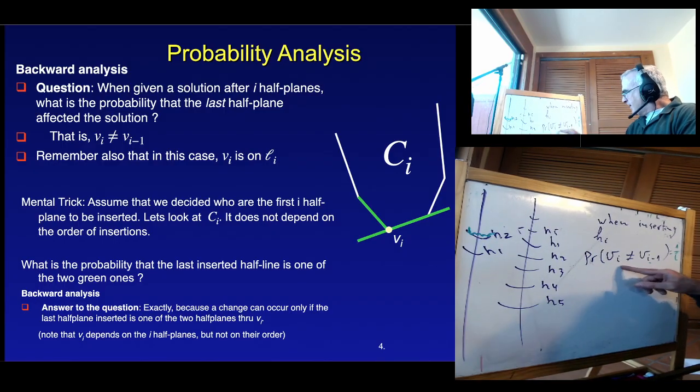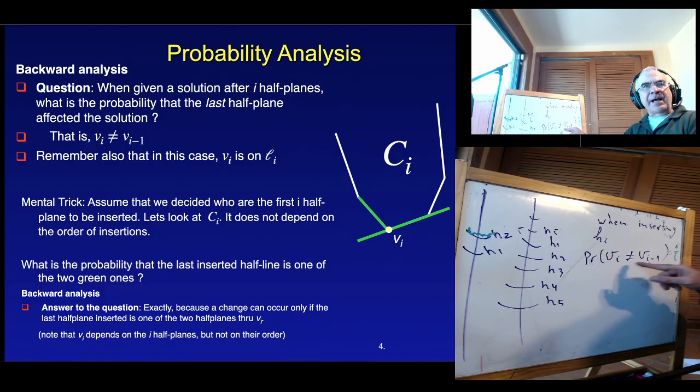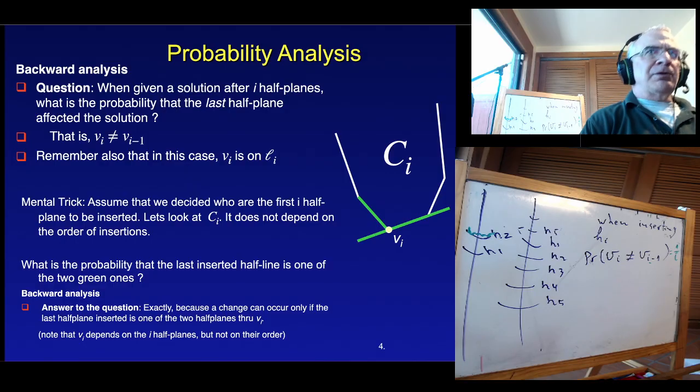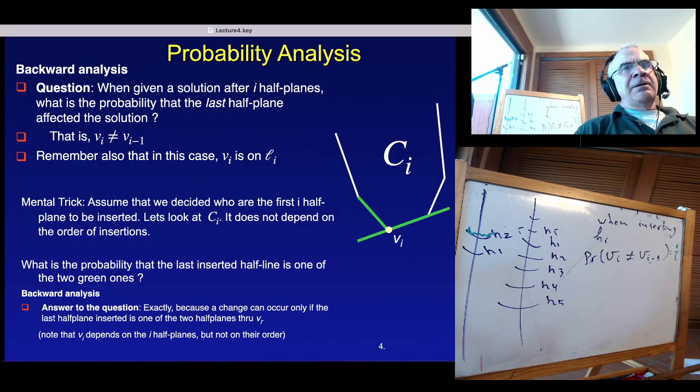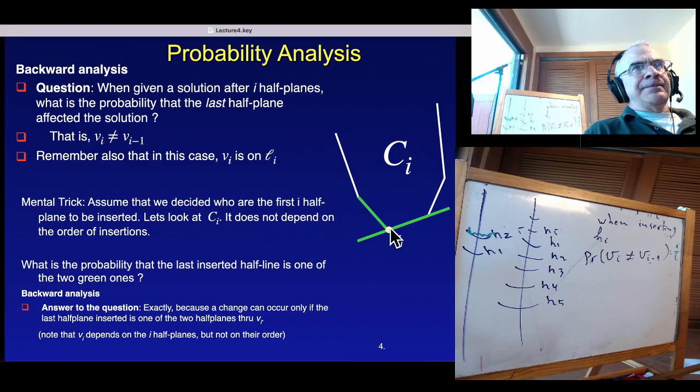What is the probability that vi is not vi minus 1? If vi is not vi minus 1, then I need to spend linear time to fix the problem, to call the one-dimensional linear programming. But let's look at the solution for the first i half planes. I'll finish in 30 seconds. And I'm asking, what is the probability that the last half plane that I added caused the problem, that vi minus 1 is not vi?